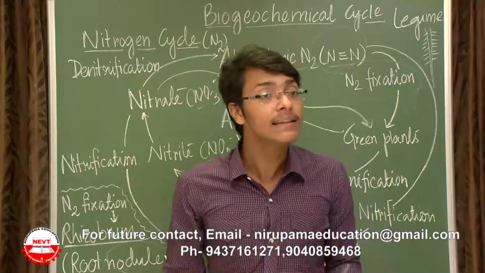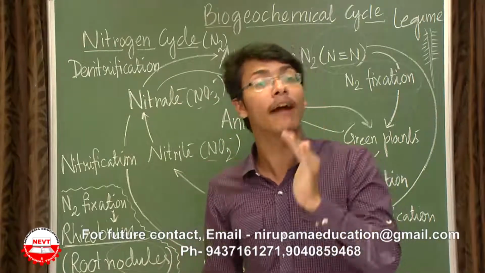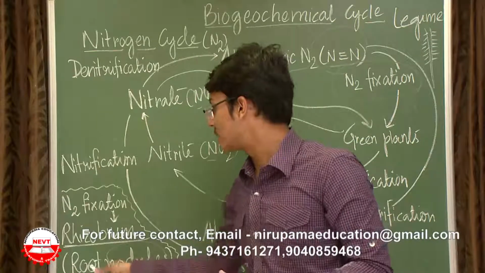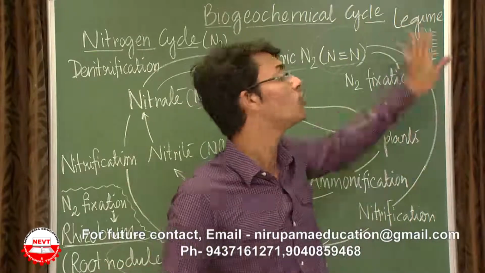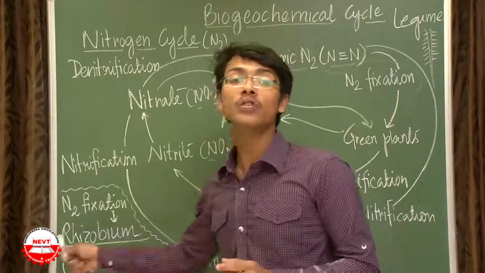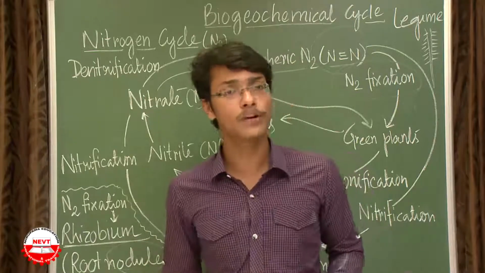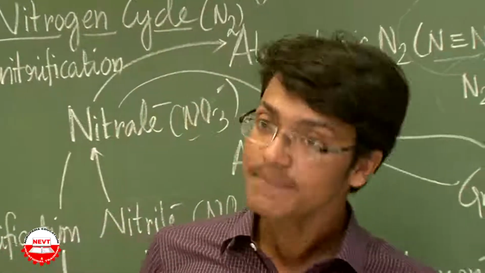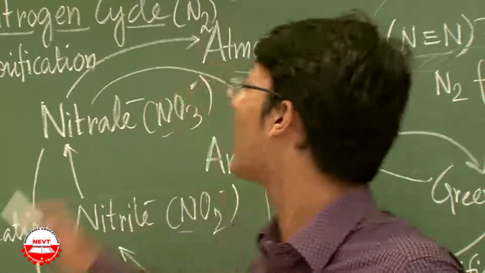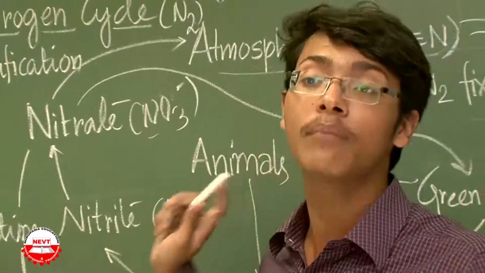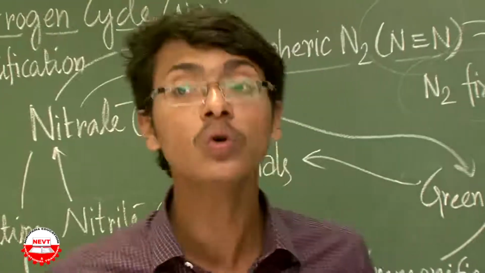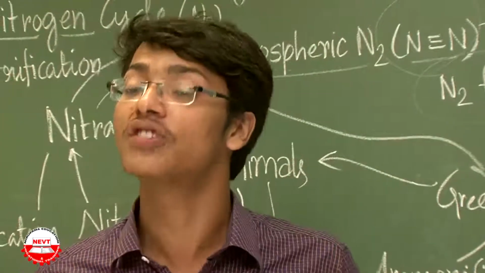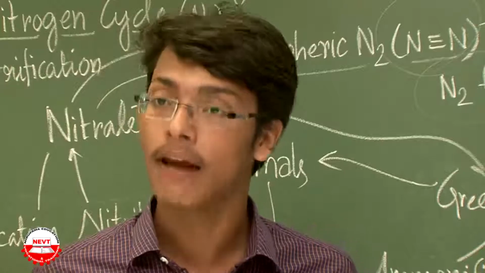So it is said that nitrogen fixing rhizobium bacteria are present in the roots of the legumes in the form of root nodules. What do they do? With the help of various enzymes, these bacteria can convert the elemental nitrogen or atmospheric nitrogen into usable forms like nitrite and nitrate.